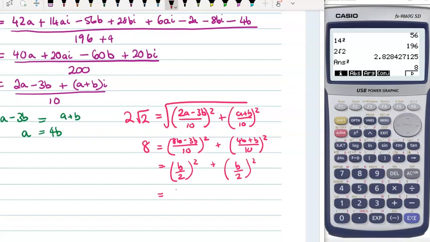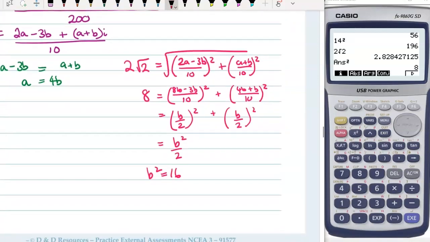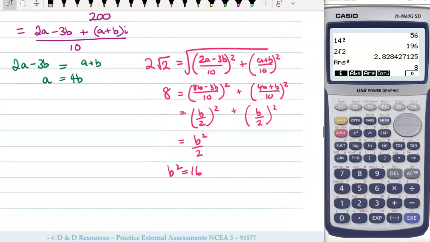Okay, so now we have b squared over 4. So that's 2 lots of b squared over 4, or b squared over 2 is equal to 8. So b squared equals 16. b would be equal to plus or minus 4.